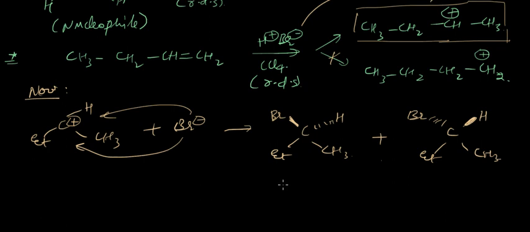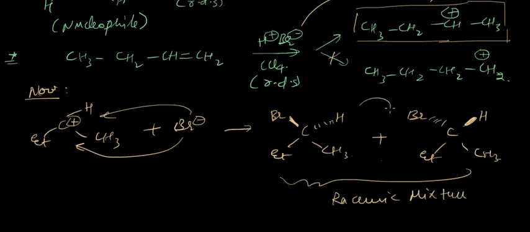So with this we get a racemic mixture, as these two compounds are enantiomers. And why is it a racemic mixture? Because there is equal probability that the Br can attack from either above the plane or from below the plane. Hence it's a racemic mixture. We will get equimolar amounts of both the enantiomers.